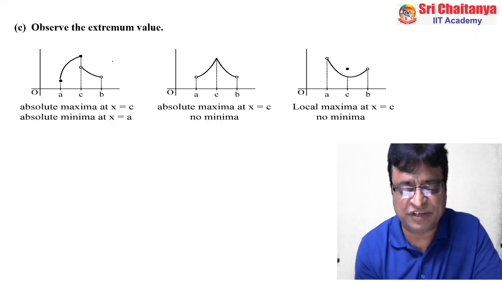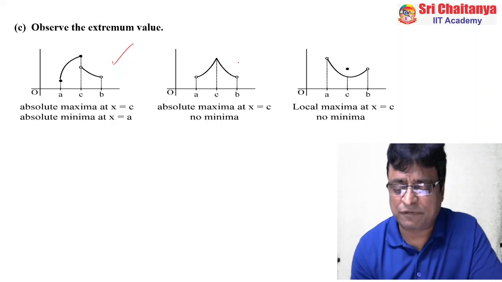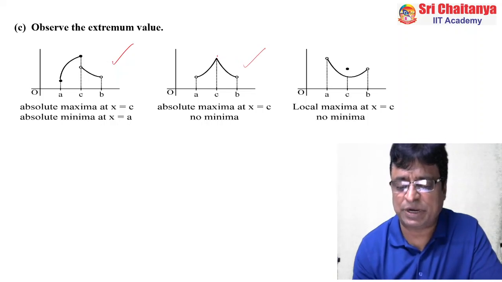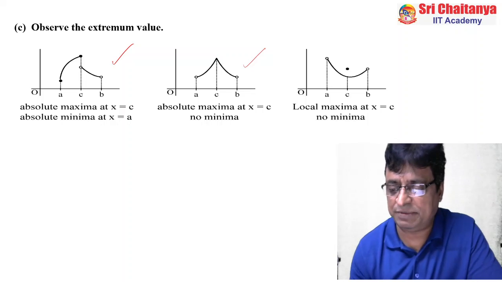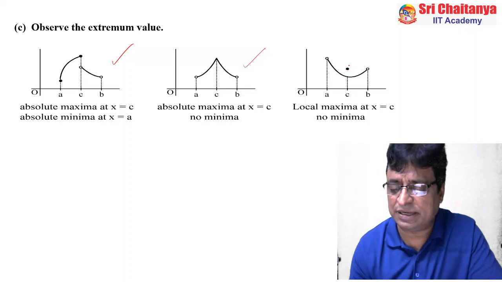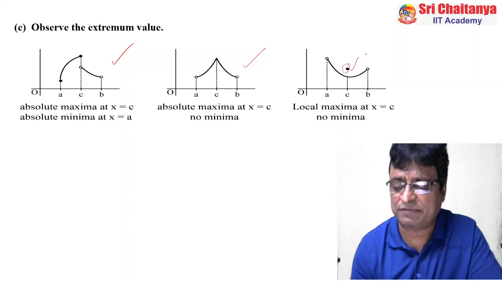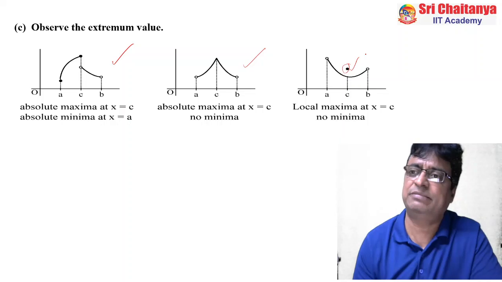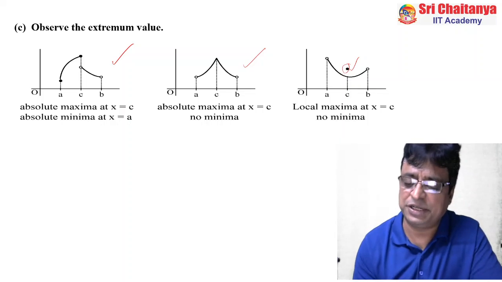This is a continuous curve, but at this point the curve is not differentiable. And at this particular point C, the functional value is different. It is not continuous actually.